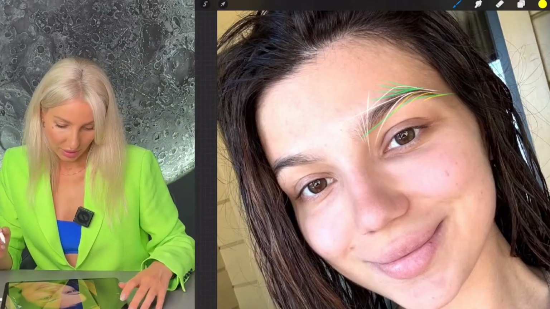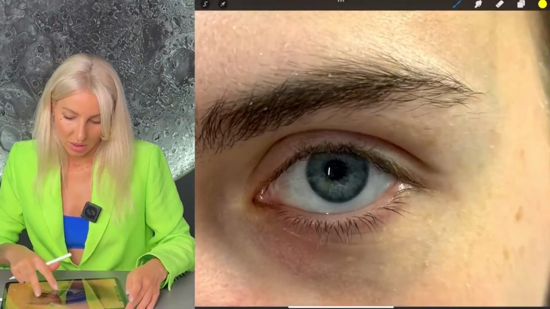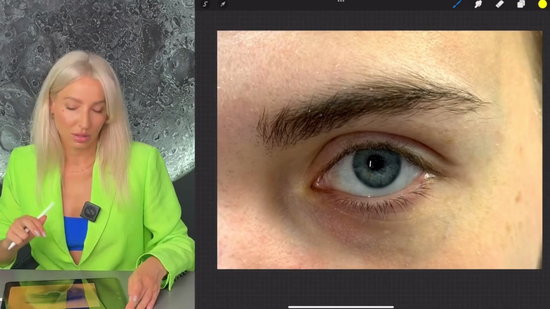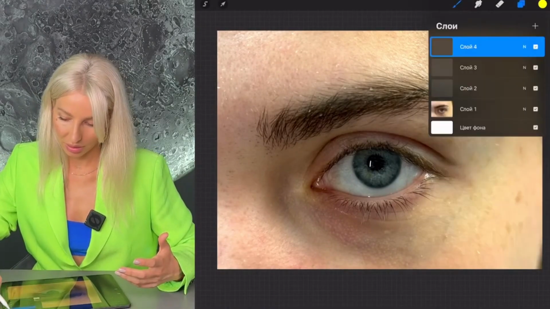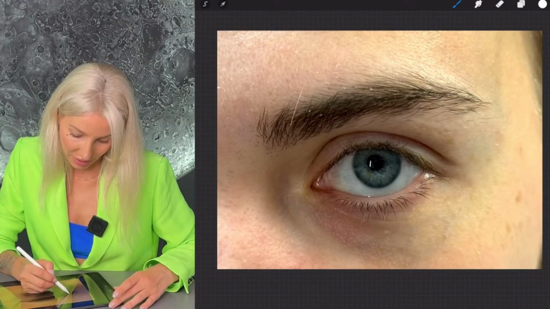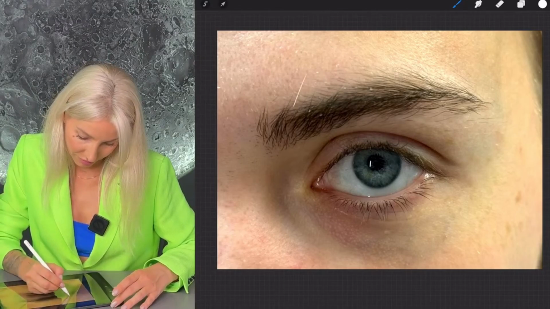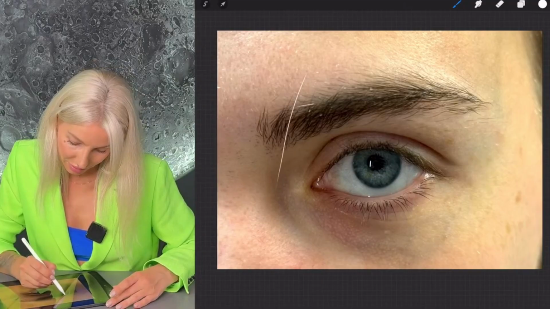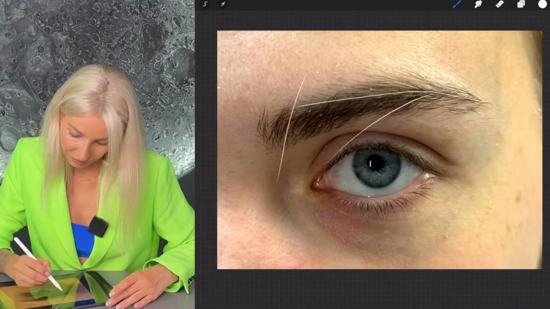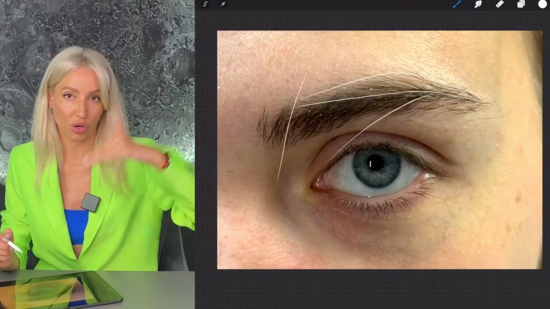Let's check one more. For example, this one. This is more hairy. And the same, first of all, the beginning. Then the darkest area. Then we create the shape. We found the strokes which are growing down.